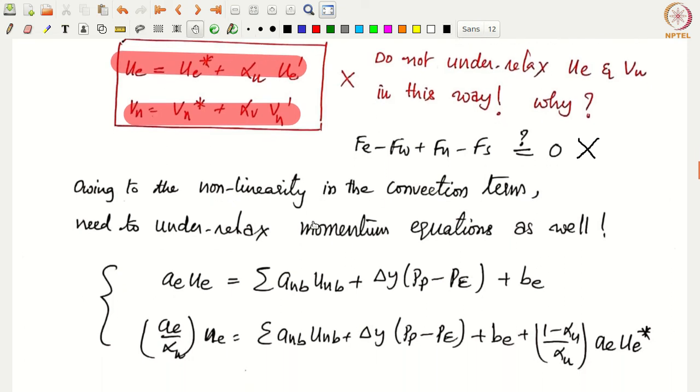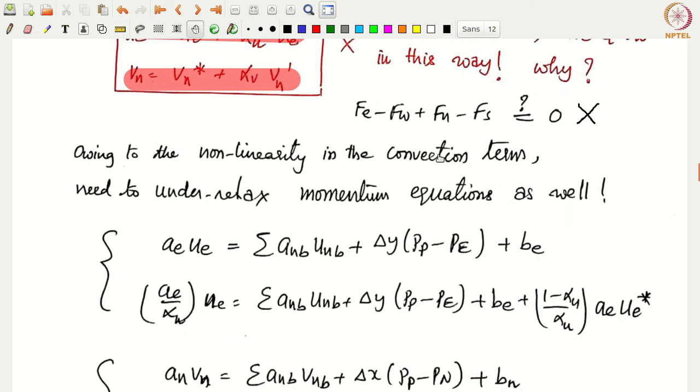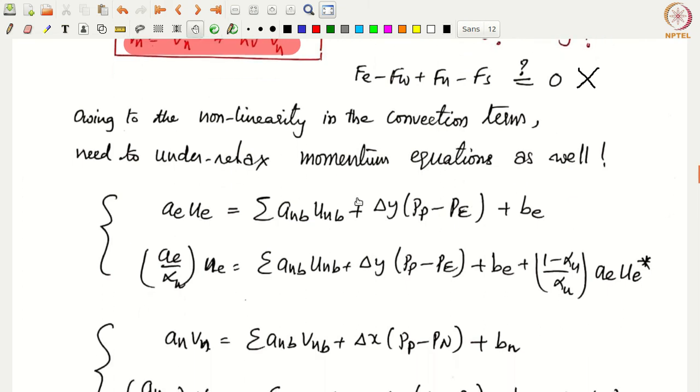So as a result, the nonlinearity in the convection term of the momentum equations also calls for under-relaxation, and we under relax the momentum equations in the original way that we have discussed. If you have the discrete momentum equation as AEUE equals sigma NB UNB plus delta Y times PP minus PE plus BE, then how do you under relax this?